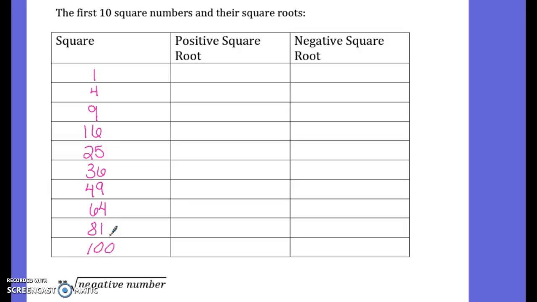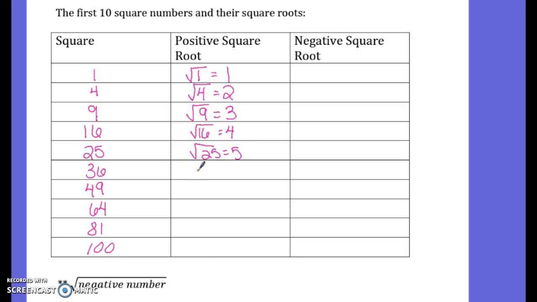Now the positive square root, it's literally positive square root of 1. You think, what times itself is 1? Well, it's 1. The positive square root of 4, what times itself is 4? 2, because 2 times 2 is 4. The square root of 9 is 3, because 3 times 3 is 9. The square root of 16 equals 4. 4 times 4 is 16. The square root of 25 equals 5.